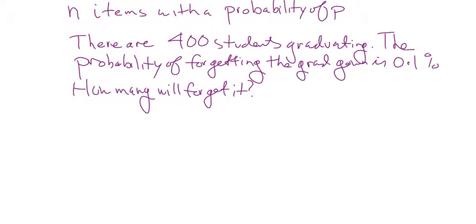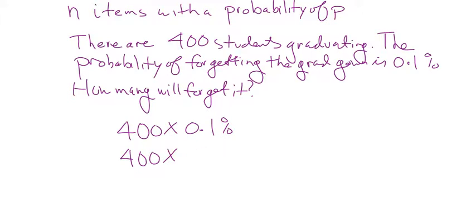Okay, so to get the number of people that will forget it, we take the number of items, in this case 400, times 0.1%. Now that's got to be changed to a decimal, right? So what's 0.1% as a decimal?